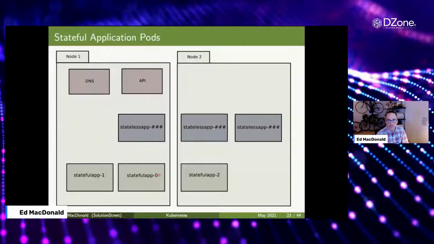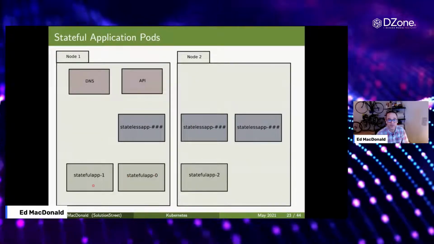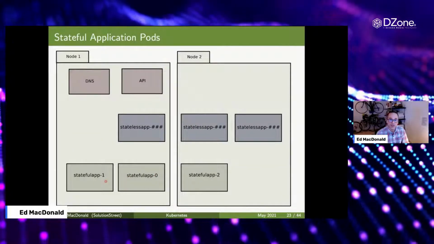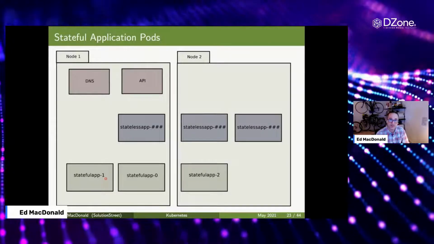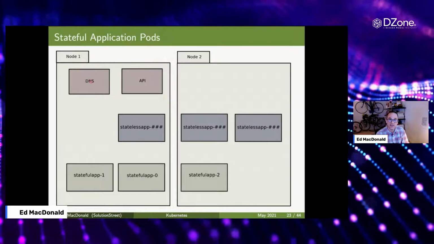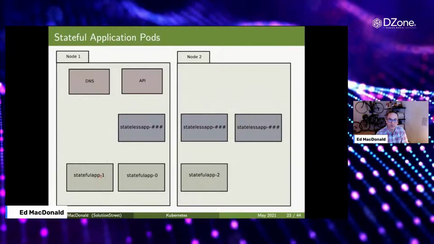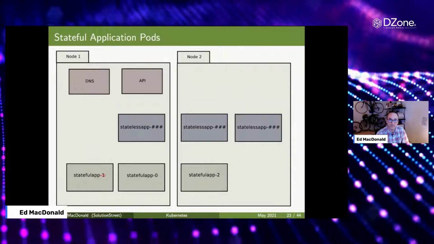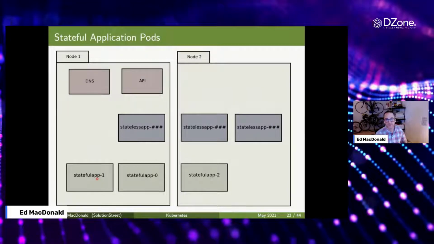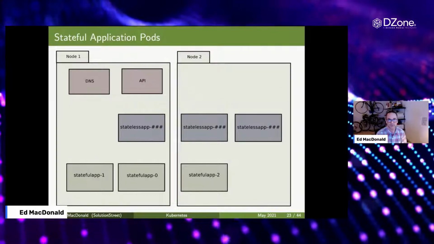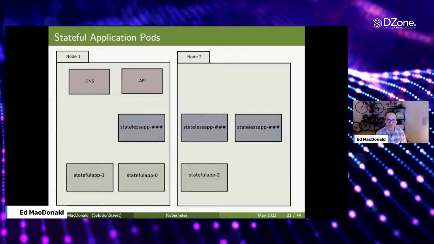And we'll talk about what a stateful set is in a second. But it just indexes them. So stateful app 0, stateful app 1, stateful app 2. And any service you have that knows how to use the Kubernetes DNS resolution to resolve these names can reliably resolve IP addresses for these pods, if that makes sense. That's oversimplifying, but that's a good way to think of it.